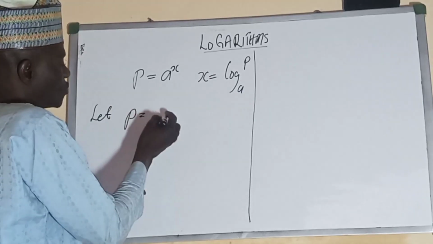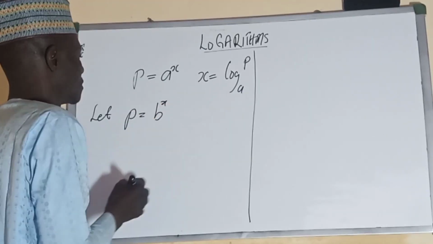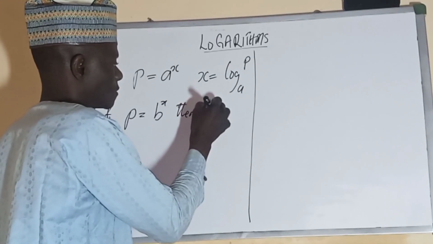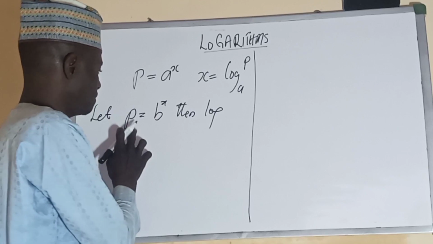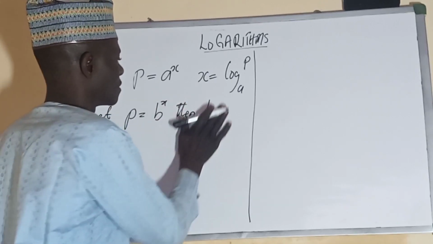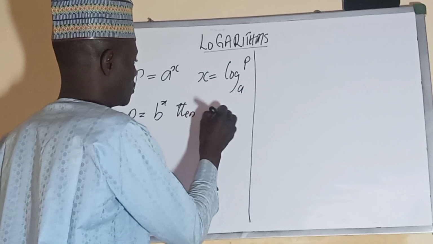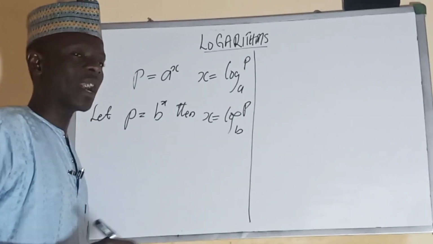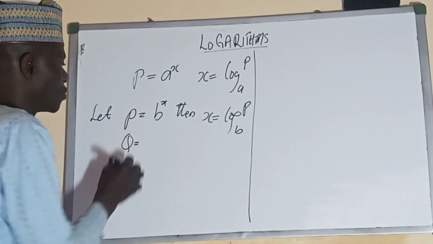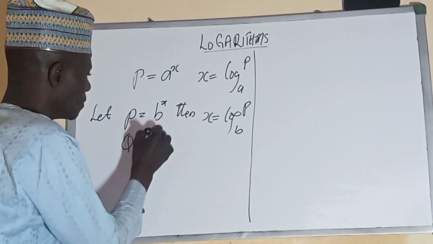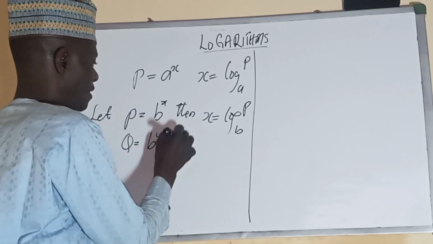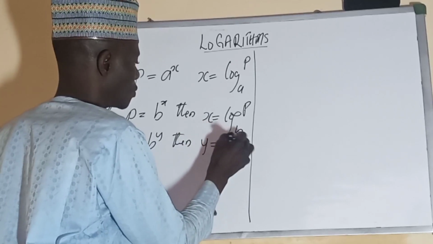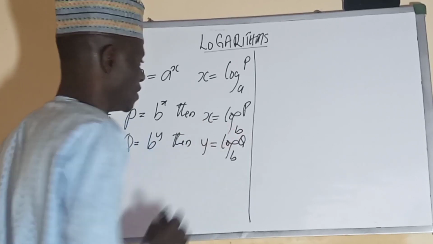Let p be equal to b raised to the power of x, then x is equal to log p to base b. And let q be equal to b raised to the power of y. Then y is equal to log q to base b.